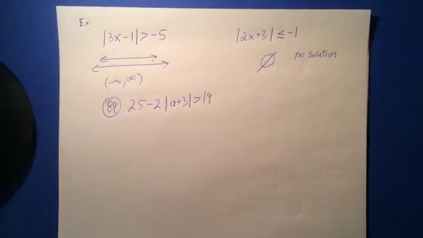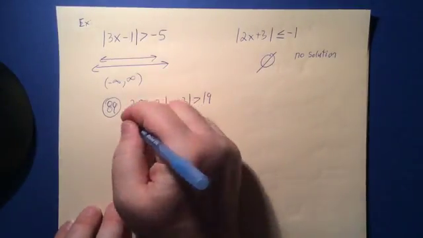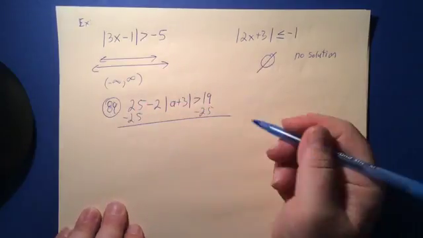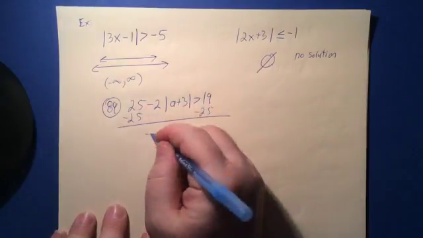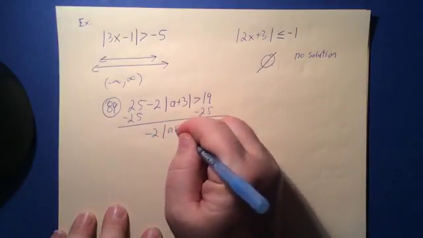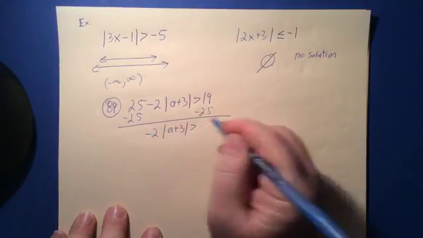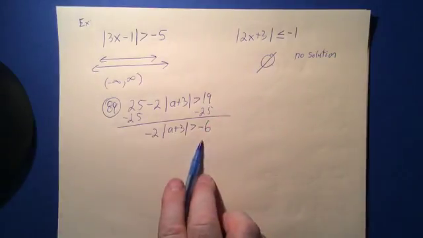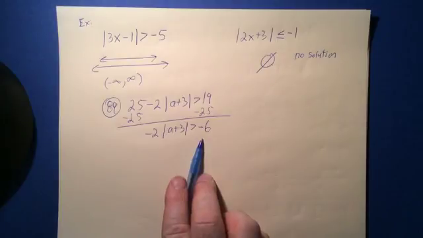So at first this looks pretty harmless, but as we subtract 25 from both sides to try to get the absolute value by itself, we'll get negative 2 times the absolute value of a plus 3 is greater than negative 6. So we see the negative over here, and we realize, maybe I can say no solution.